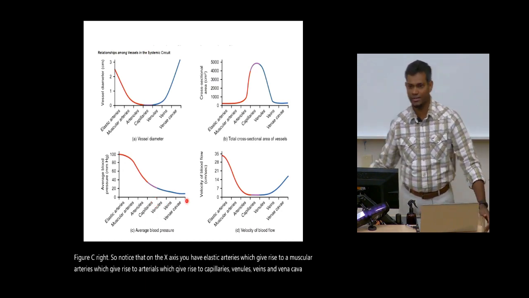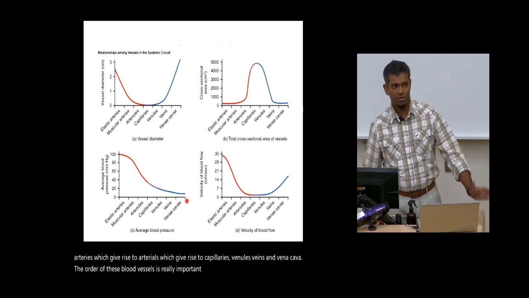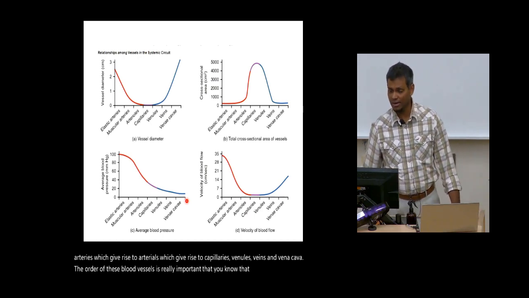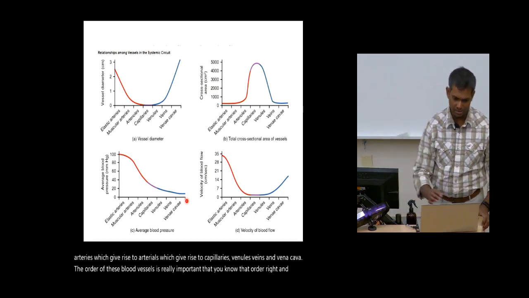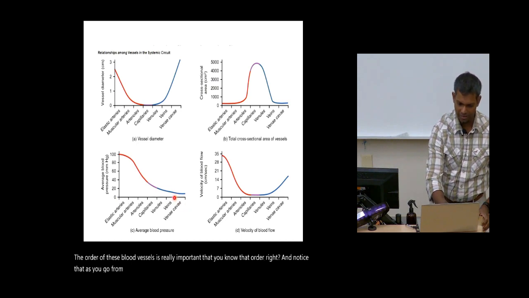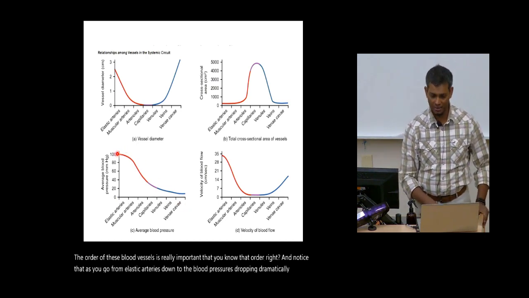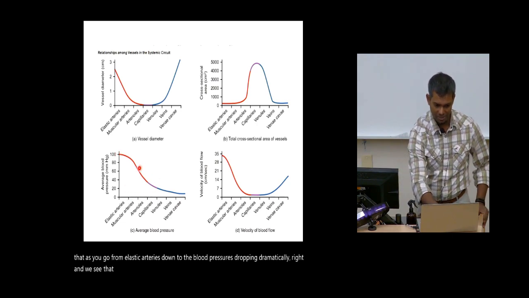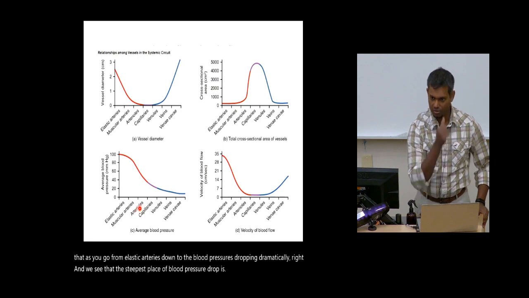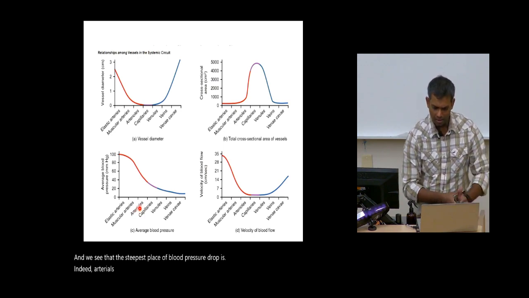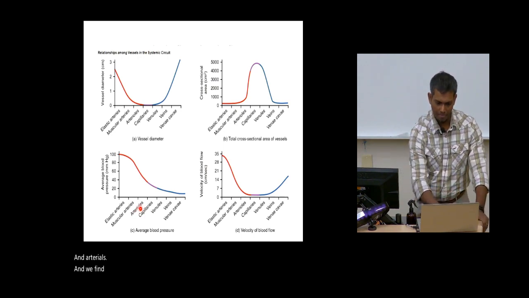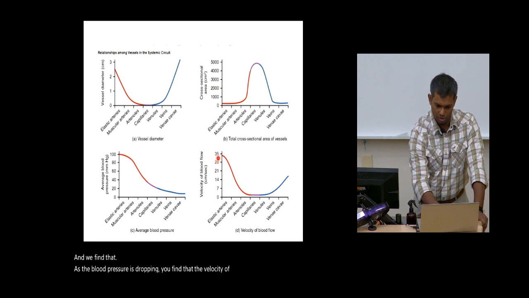The order of these blood vessels is really important, that you know that correct order. And notice that as you go from elastic arteries down to vena cava, the blood pressure is dropping dramatically. We see that the steepest place of blood pressure drop is in the arterioles. And as the blood pressure is dropping, the velocity of flow is also decreasing.